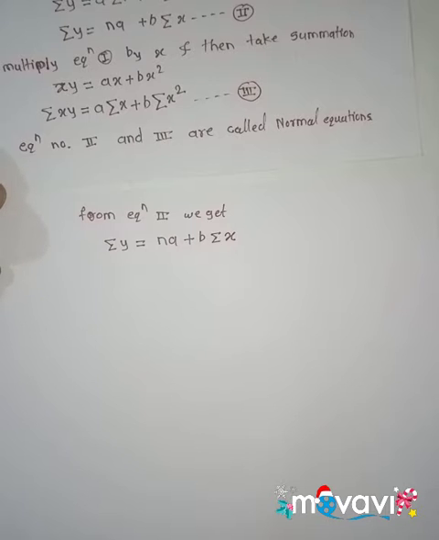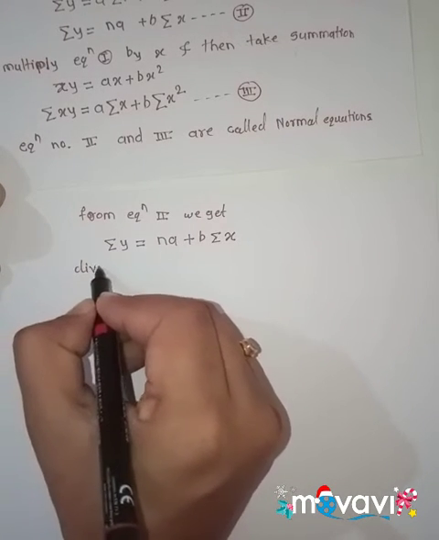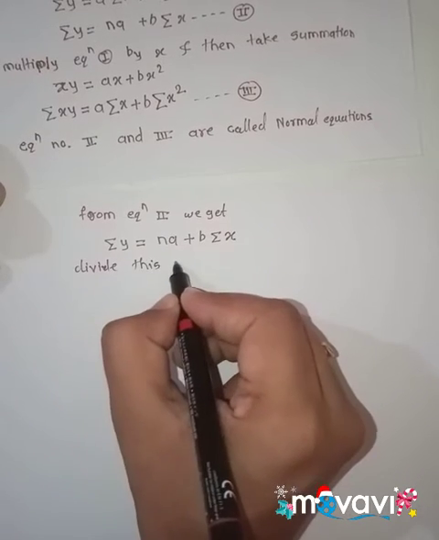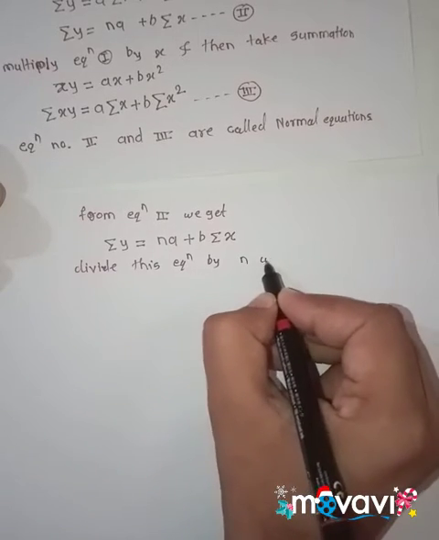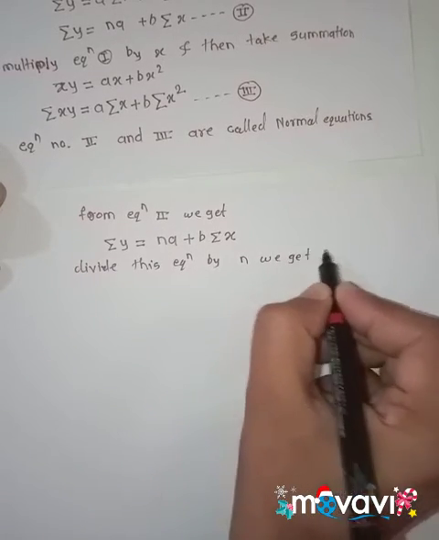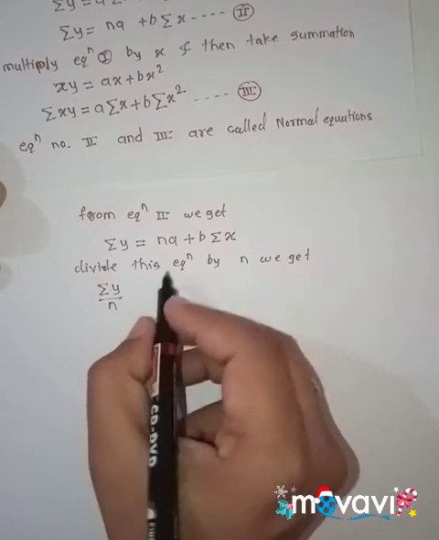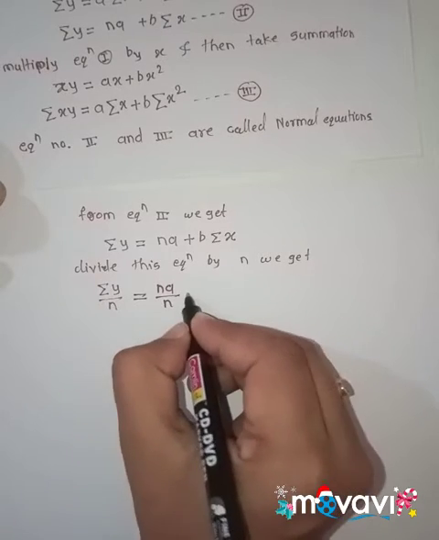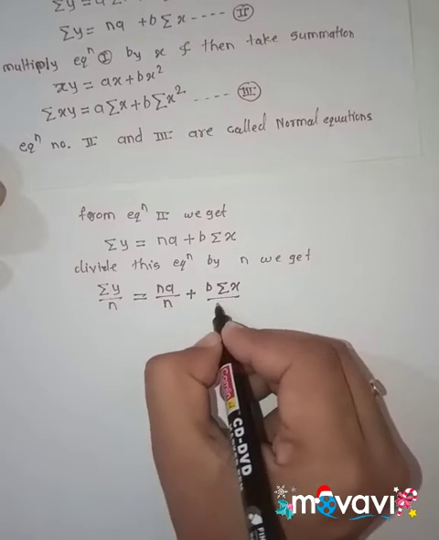If we divide this equation by n, we get summation y upon n is equal to na upon n plus b summation x upon n.